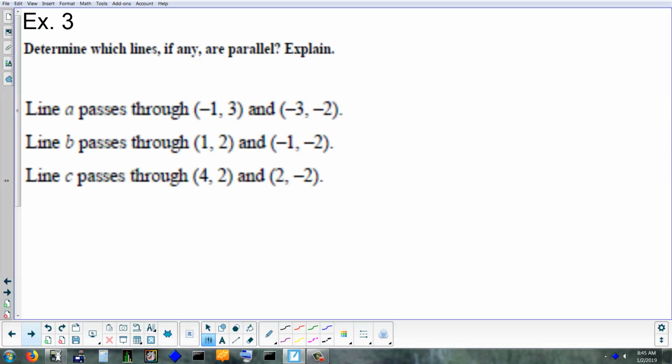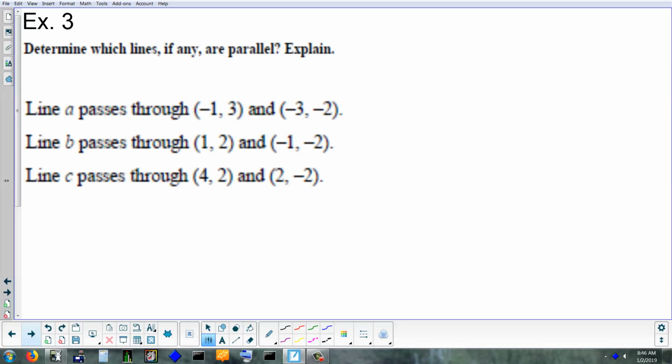In the equation of a line, what's gonna be the same? The slope will be the same, right? And what's gonna be different? The y-intercept will be different. Good. So that's what we're looking at.